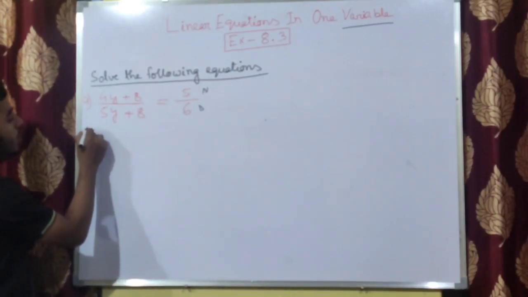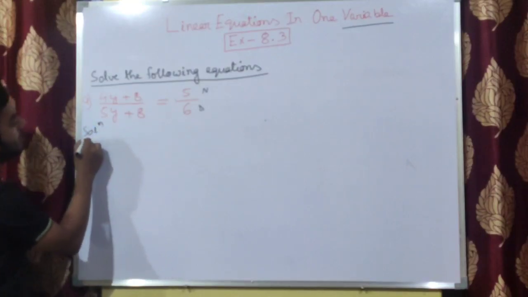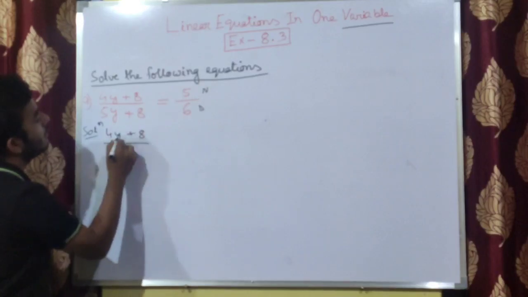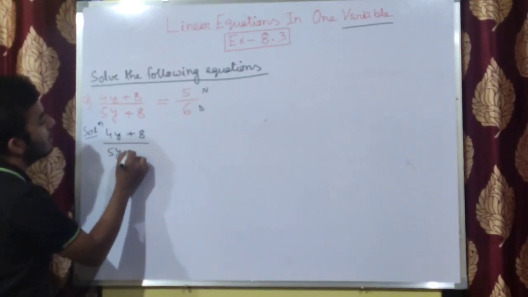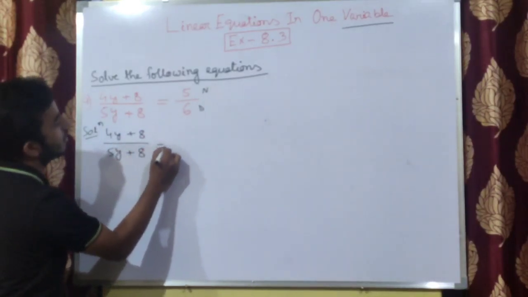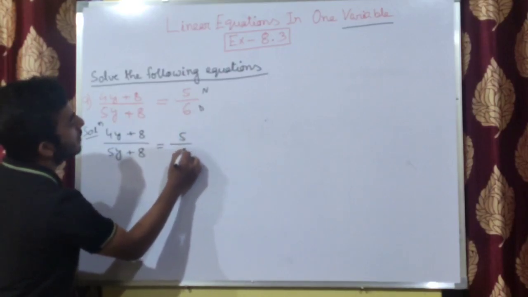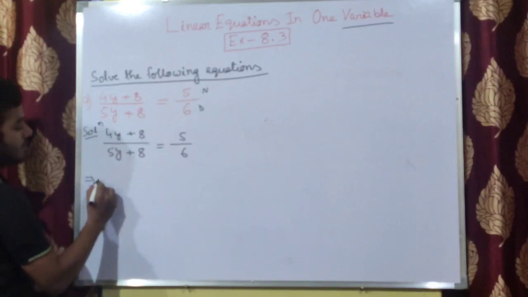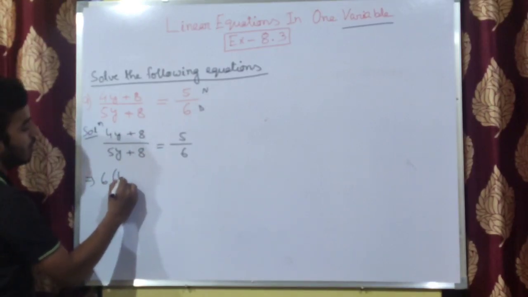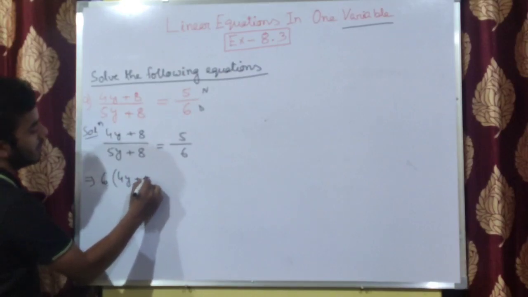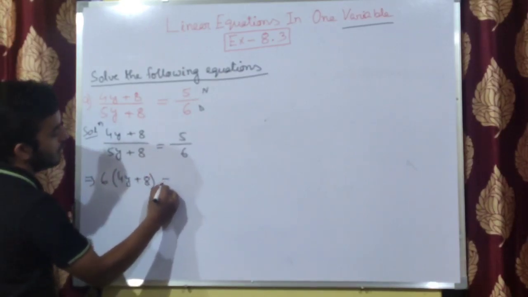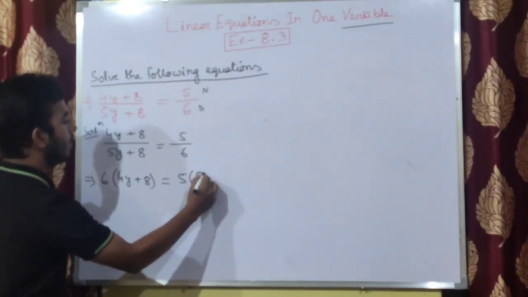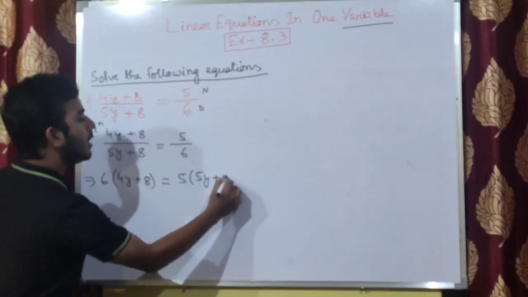So first of all we will write the solution. 4y plus 8 by 5y plus 8 equals 5 by 6. We will multiply 6 with 4y plus 8, and on the other side of the equal sign, 5 will be multiplied with 5y plus 8.